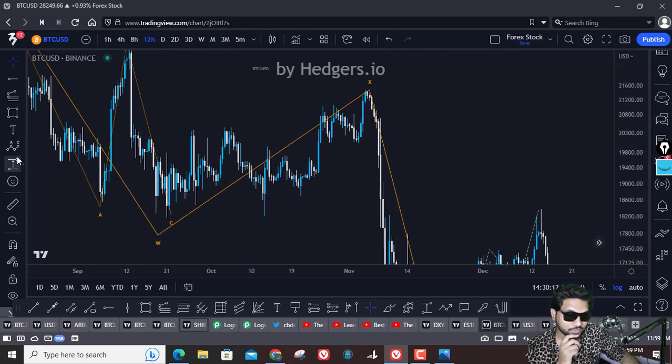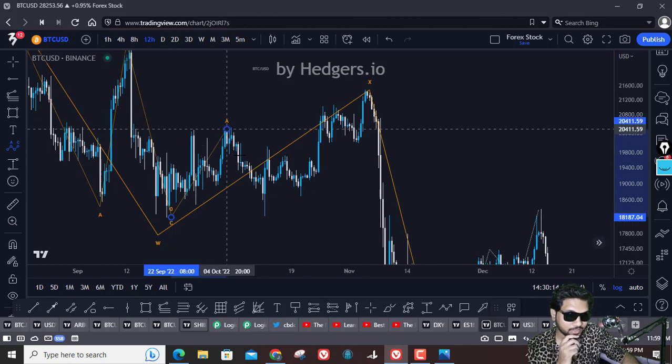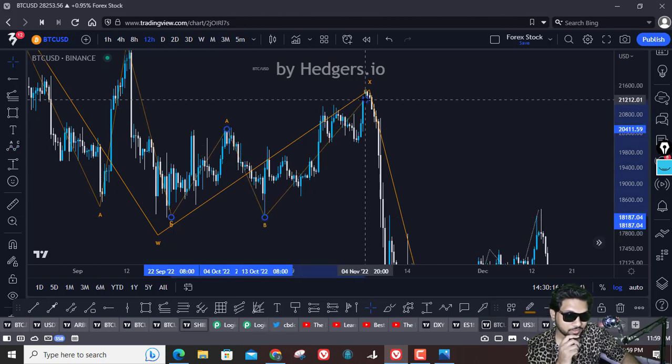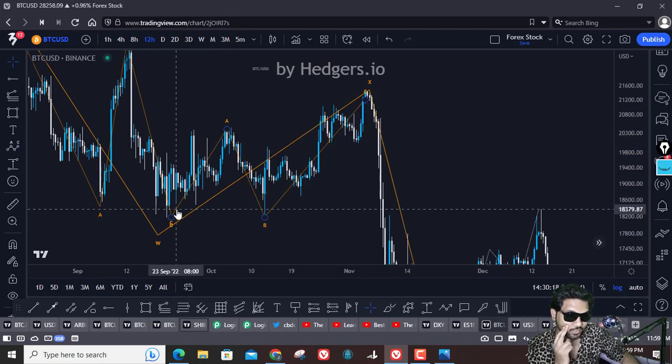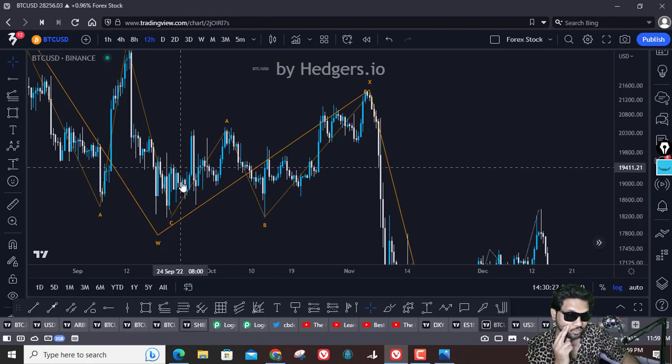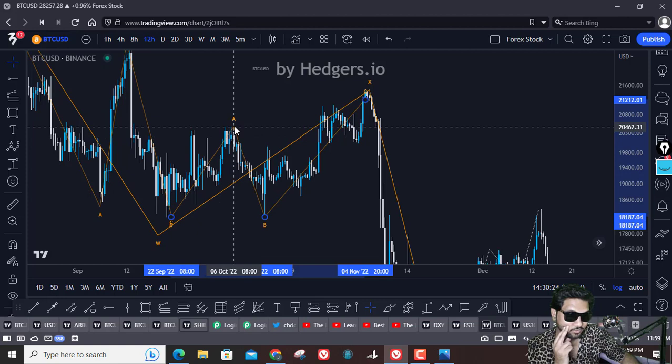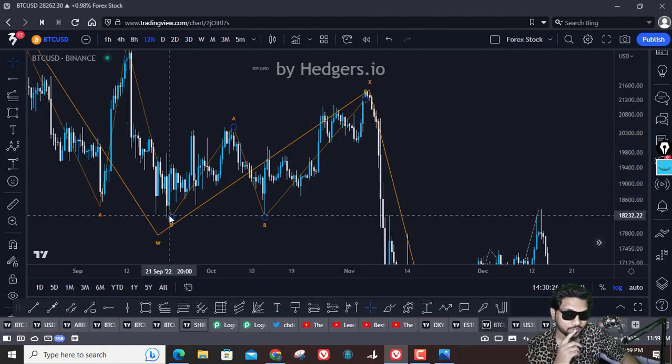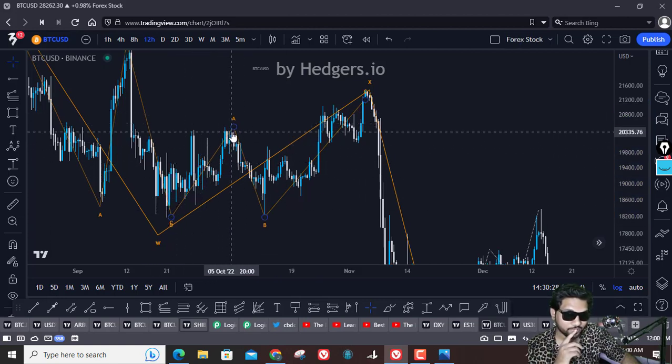If I just do this ABC like this, for example, then I'm confused right now, and you will be too. But the wave A is always made up of 5 waves, 1 2 3 4 5, and it could be a leading diagonal as well.